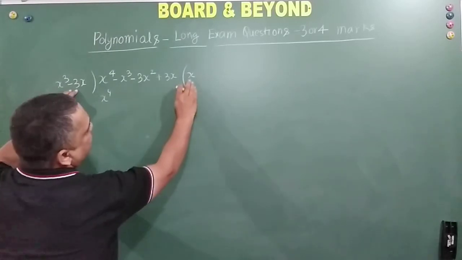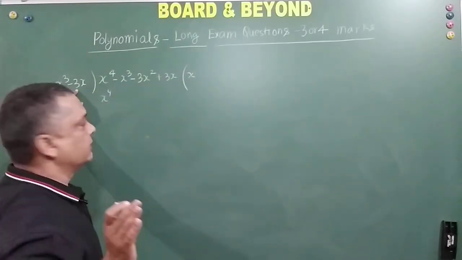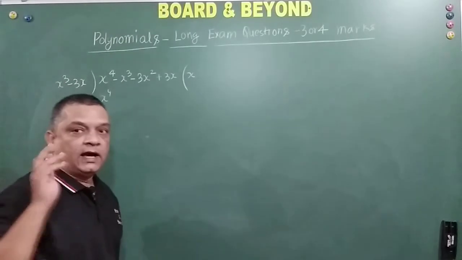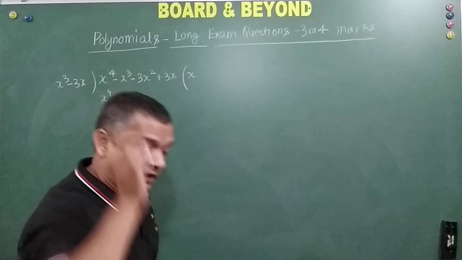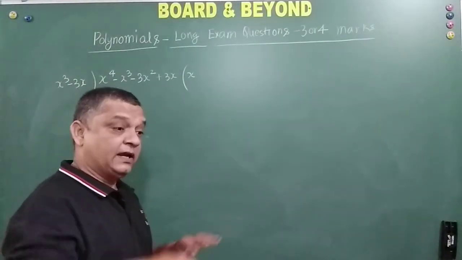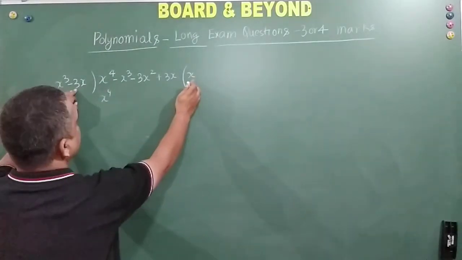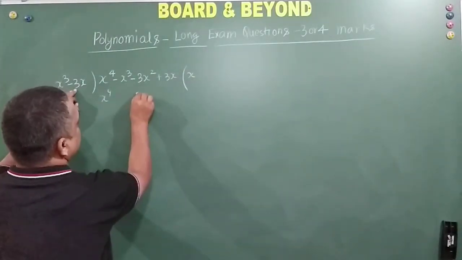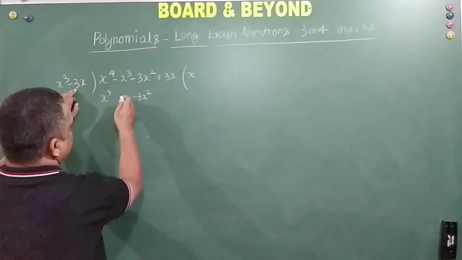Now look here, my friends. x into minus 3x is equal to minus 3x square. As I told you earlier, please match the power and then only write. Otherwise, you have very likely chances of going wrong. So this leaves you with minus 3x square, and I am not writing below this.